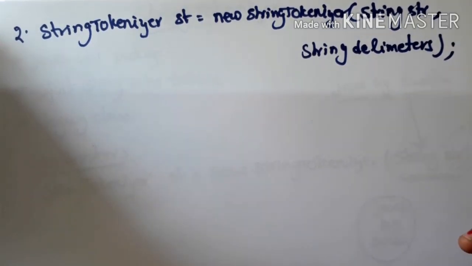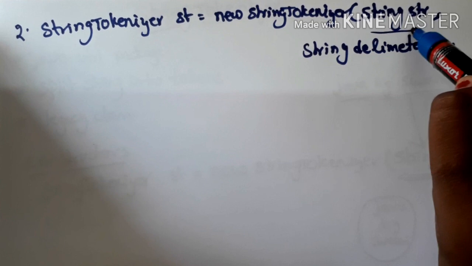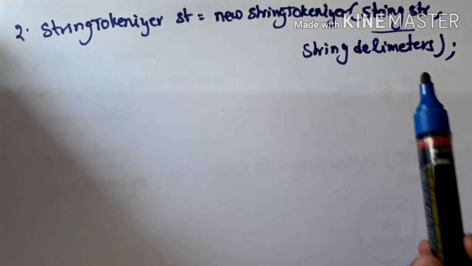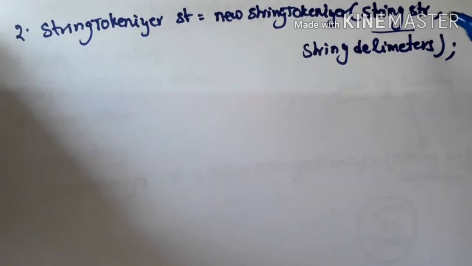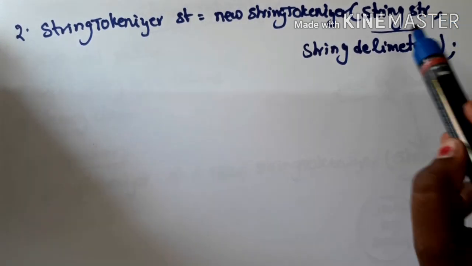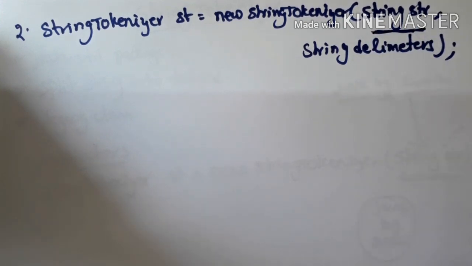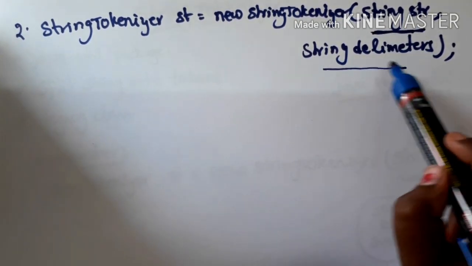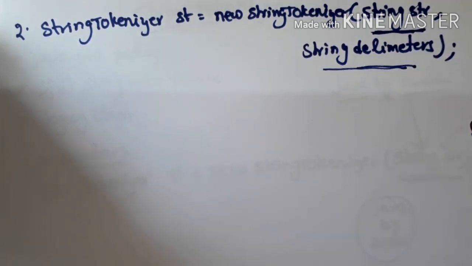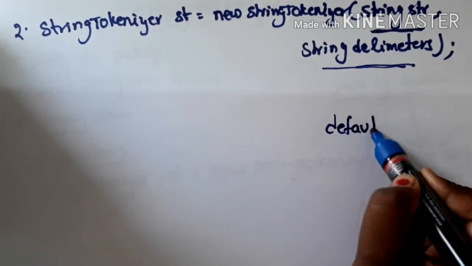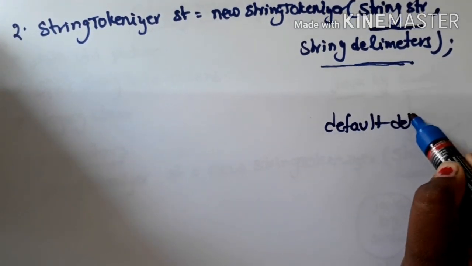In the earlier method we passed only the string which has to be tokenized, but in the second method we are making use of a constructor which takes two parameters. One is the string which has to be tokenized. And what about these delimiters? In the earlier method, the string is tokenized based on default delimiters. What are default delimiters?